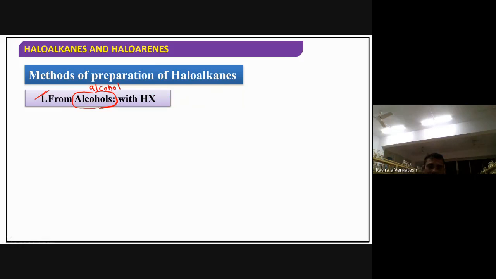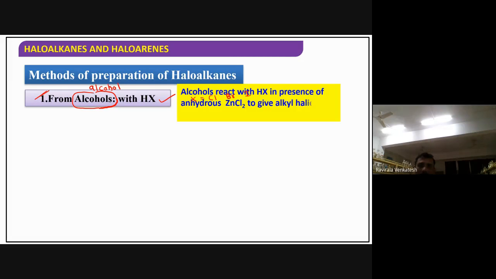X means, as you already know, chlorine, bromine, iodine. Here X is chlorine, bromine, and iodine, but we can't take fluorine. Don't take fluorine because of its high reactivity. I will explain that in the next slides. Leave it for now.